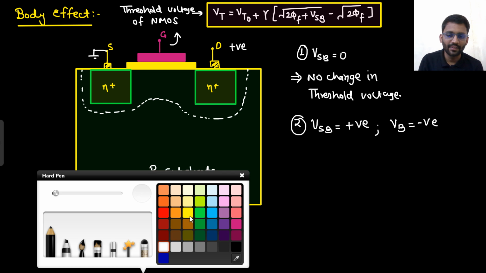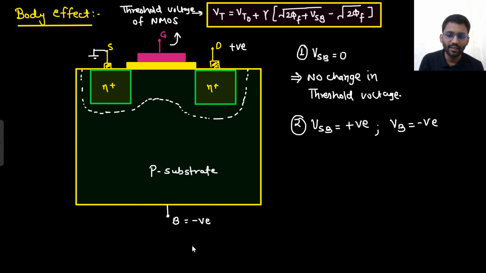Now if you are applying VSB to be positive or VB to be negative, then this depletion region is getting increased, right? Because you are increasing the reverse bias here. The reverse bias is getting increased here as well, but that is not dominating. Dominating is this part because you are not even getting the supply of electrons.